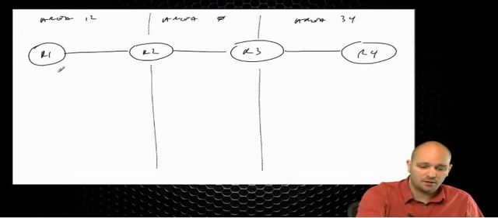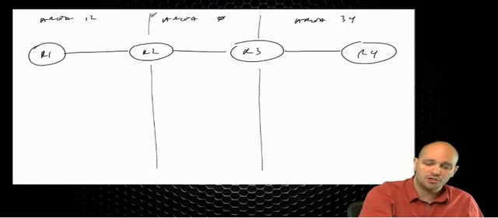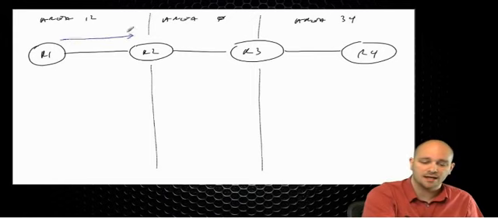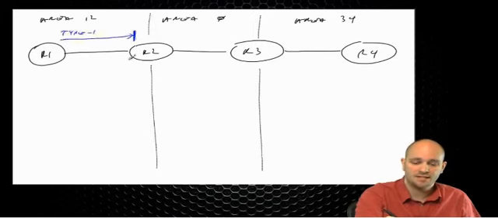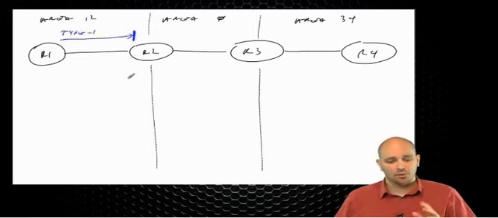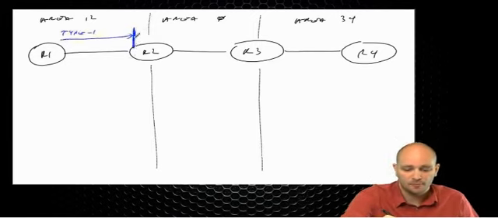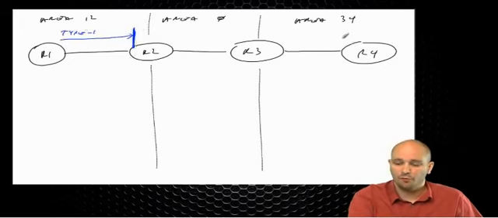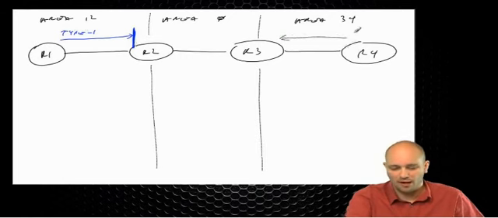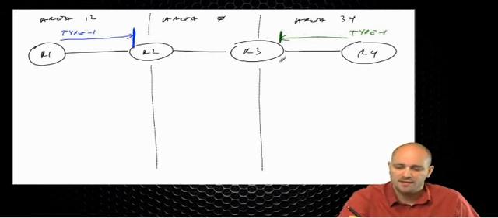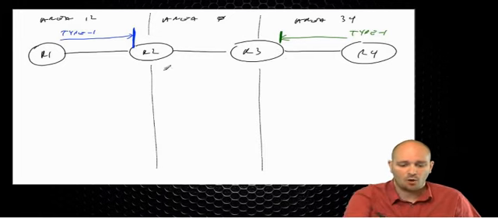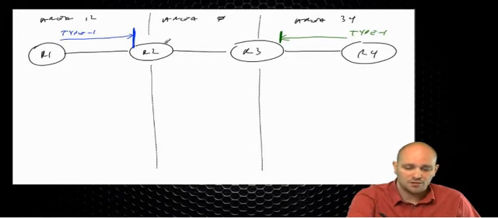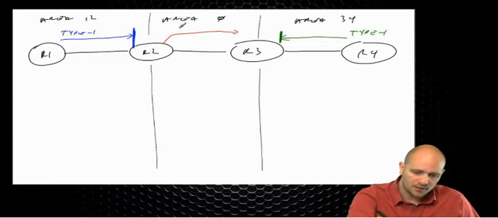Let's say that R1 here generates a type 1 LSA. This is where this LSA is going to stop. So it is never going to leave the area in which it was generated. Now, R4 here will be generating its own type 1, and this is where this stops. Now, R2 may be generating its own type 1.